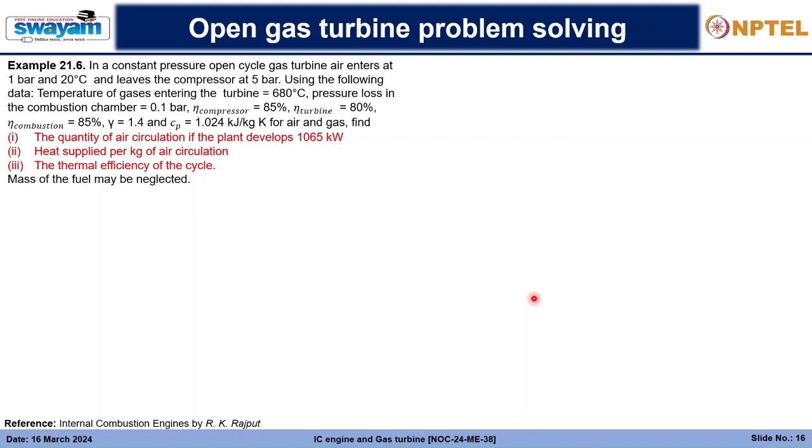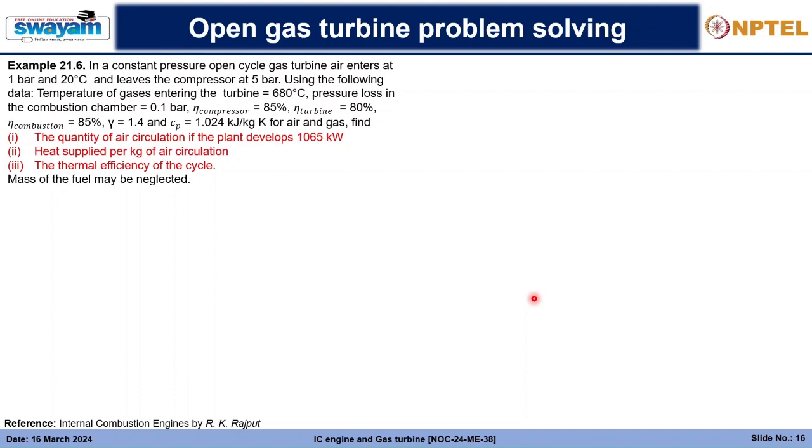That is, in a constant pressure open cycle gas turbine, air enters at 1 bar and 20 degrees Celsius and leaves the compressor at 5 bar. Using the following data: temperature of gases entering the turbine equals 680 degrees Celsius. Pressure loss in the combustion chamber is 0.1 bar.